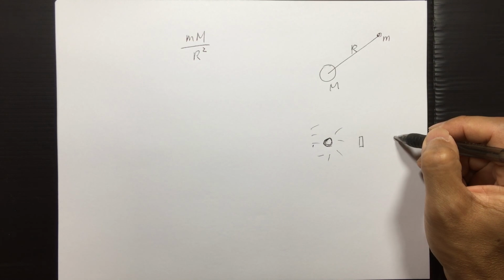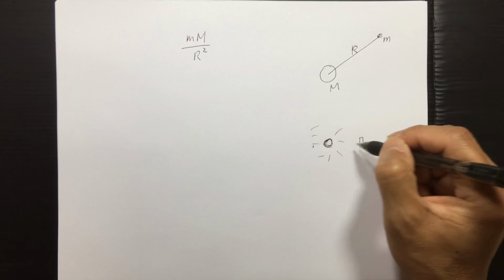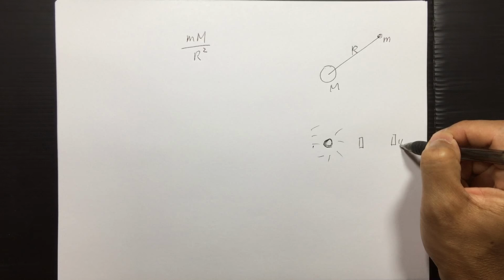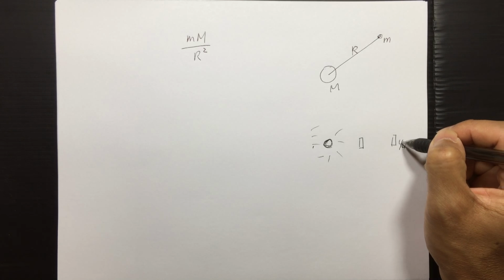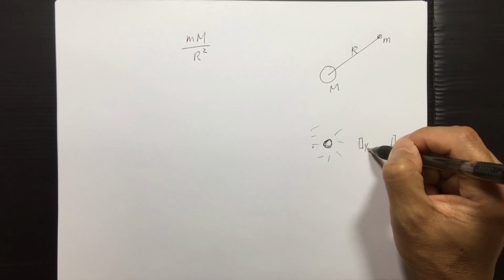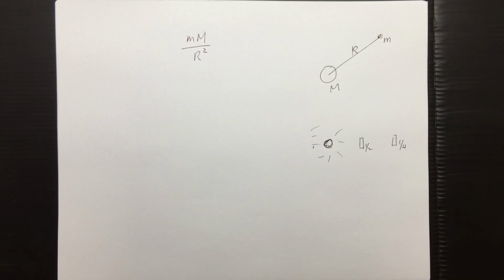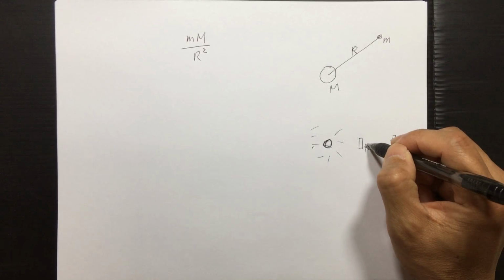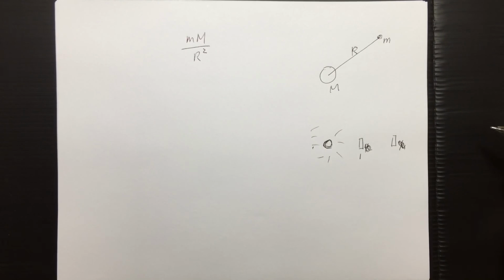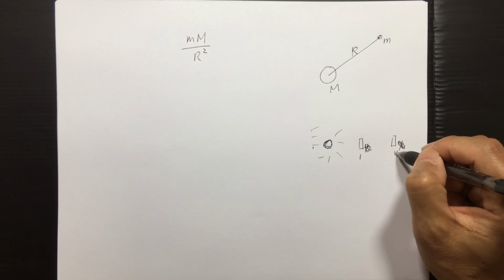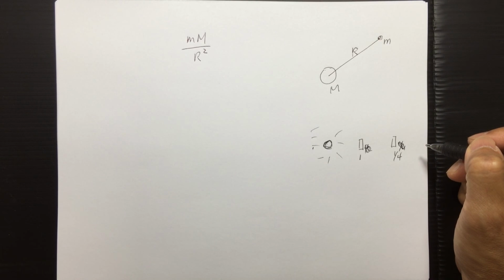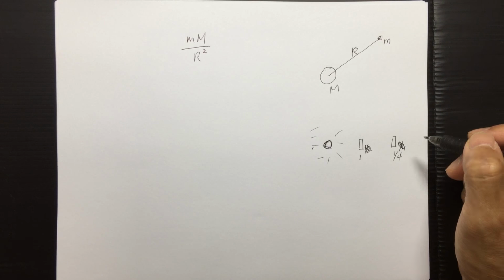Let's say you move out twice the distance. This gets 1/4 of the light. If the light on this is 1 unit, this is 1/4 of that amount.